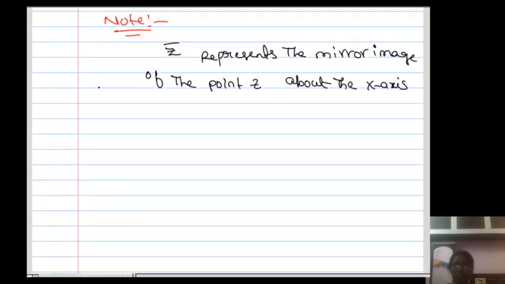Next, we will discuss the second point. Geometrically, mod Z1 minus Z2 represents the distance between the points Z1 and Z2. But how? Let us see what I am telling in the complex plane. If I take Z1 as the point P1 (x1, y1), then Z1 is represented as x1 plus i y1.